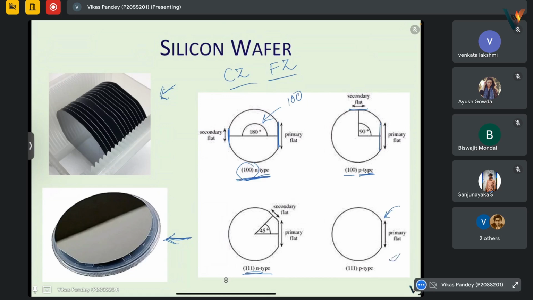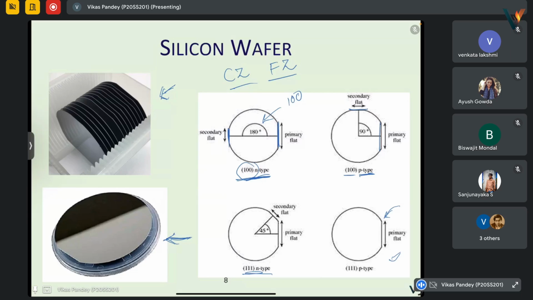These are the most common, 100 and 111, and you can go for N type or P type. From my practical experience, the most common one we take is the 100 N type wafer, or sometimes specifically for MEMS, 111 planes are also taken.